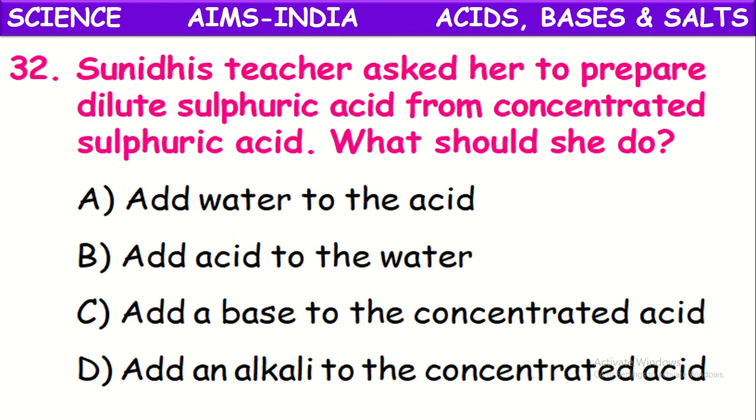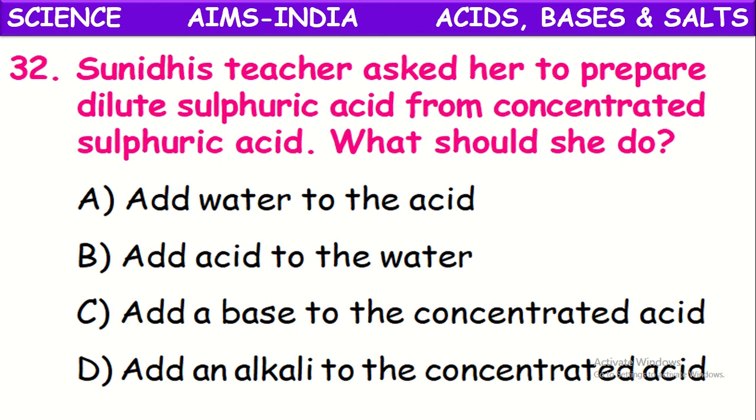Next, let's see the question. Sunidhi's teacher asked her to prepare dilute sulphuric acid from concentrated sulphuric acid. What should she do? To make the concentrated sulphuric acid solution dilute, what should we do? We have to add acid into the water slowly with continuous stirring.